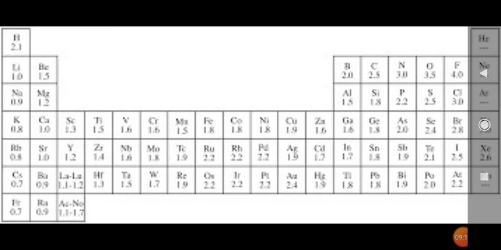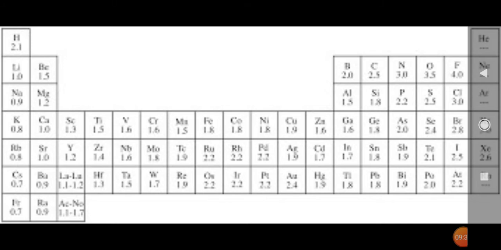And the next one is electronegativity value. Electronegativity is defined as the property of the ability of an atom to attract the shared pair of electrons. The value of electronegativity is not used for a particular atom. It purely depends upon the element which it combines with another.